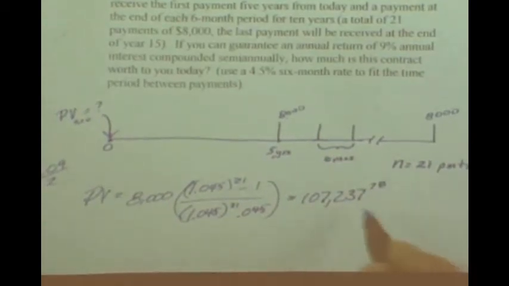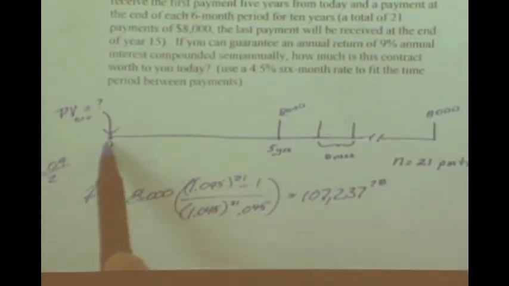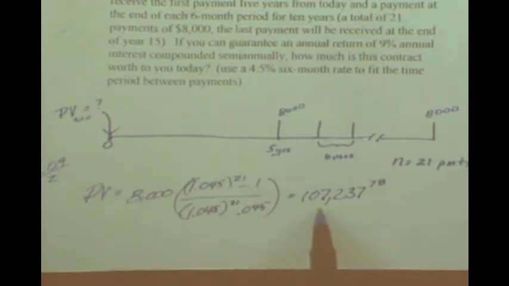What point in time is that, though? We're trying to get everything to time 0, but where have I consolidated these payments?